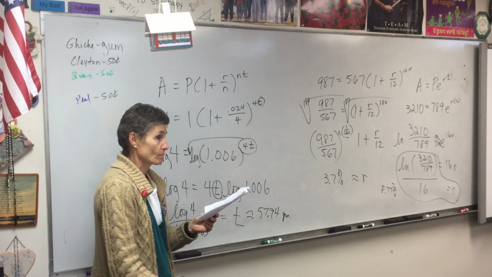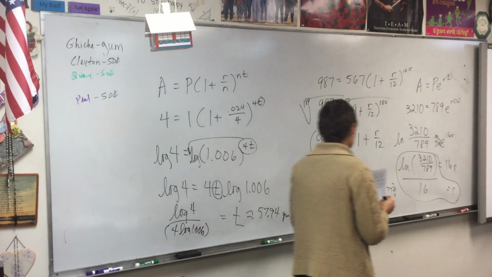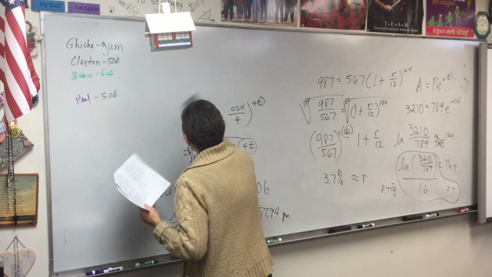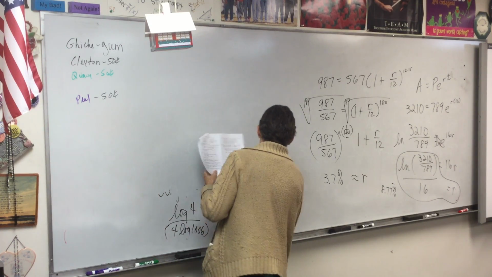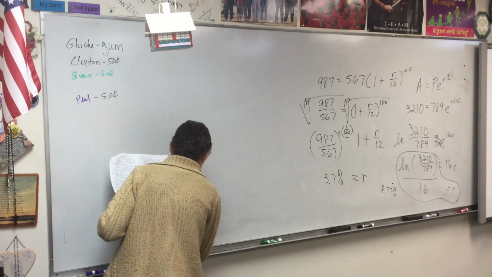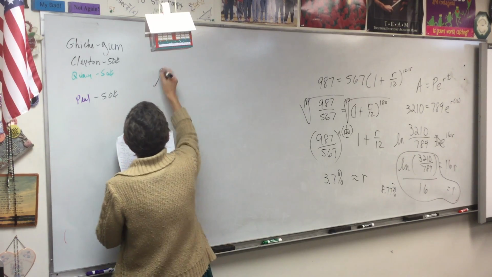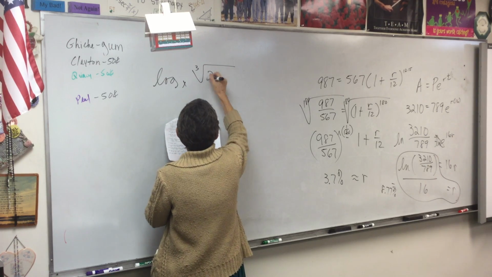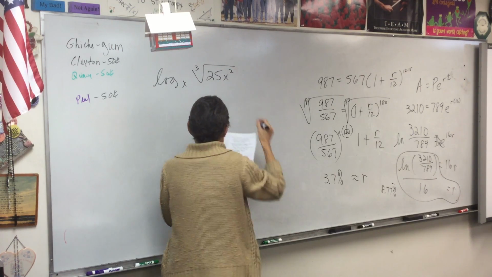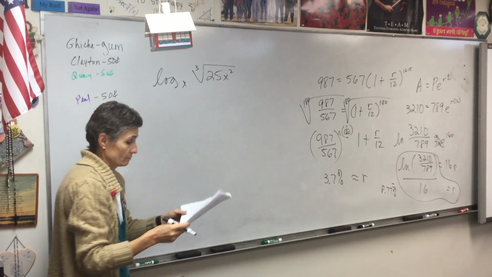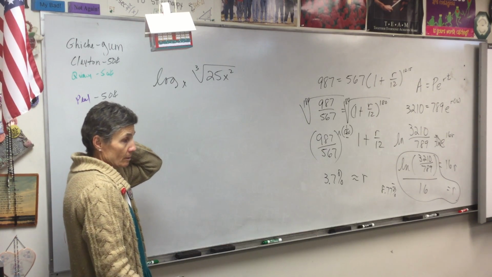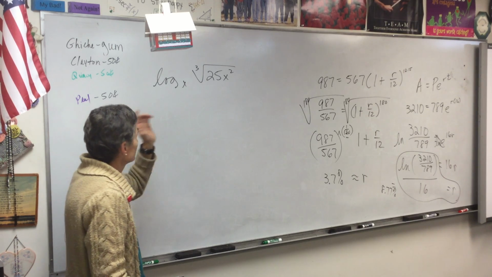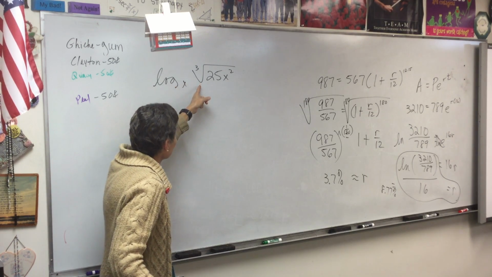Right? Okay, number 9. This one's a little bit different. It's not a word problem. I think we did one like this, but I can't remember. Our job is to figure this out. Okay, so first of all, there's a logarithm and a radical.